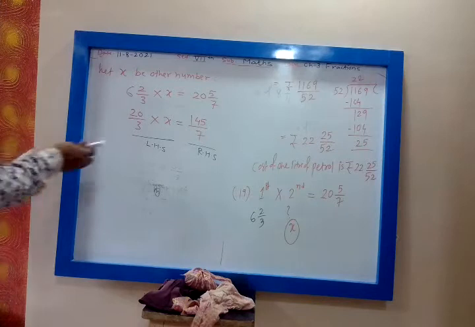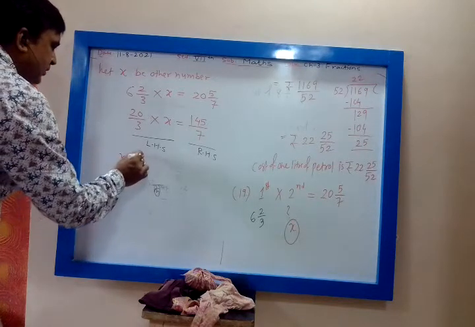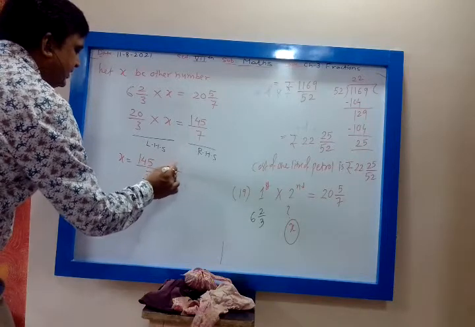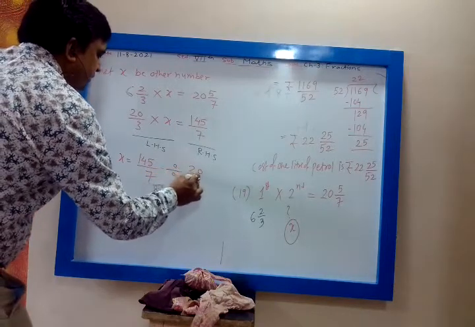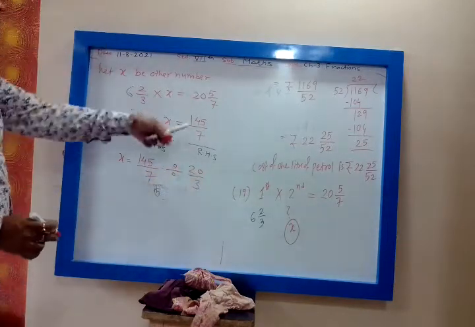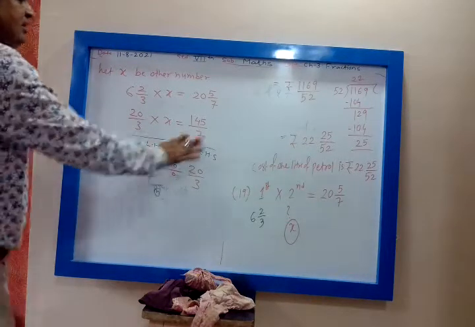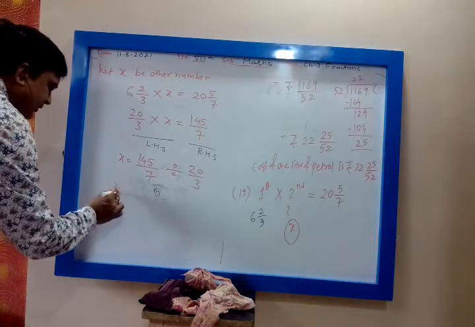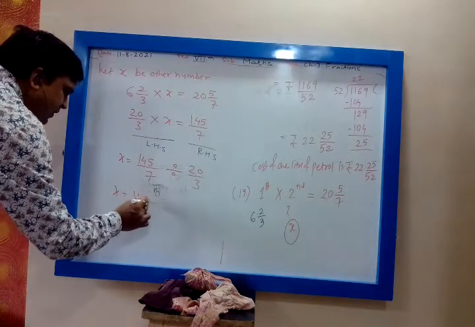So x is equal to 145 upon 7 divided by 20/3.